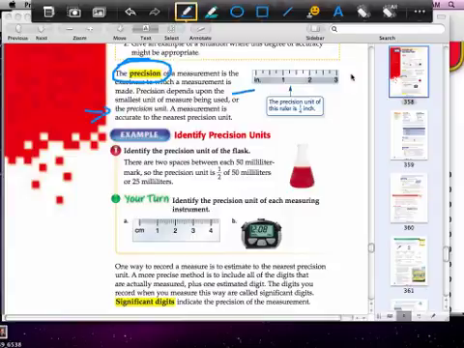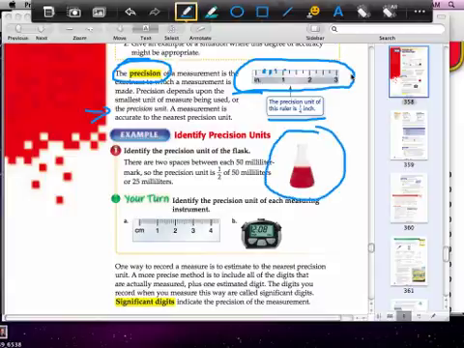So if we look at this ruler right here, you can see that it's measured in quarter of an inch. There's a quarter of an inch, half inch, 3/4, and so on. So the precision unit of that ruler is 1/4 inch. Now, on this flask here, you can't see this very well, so let me write it out a little bit.